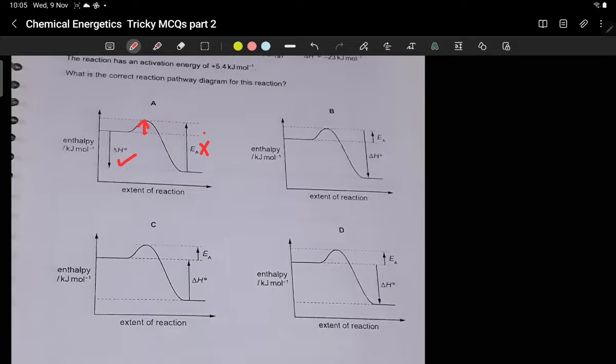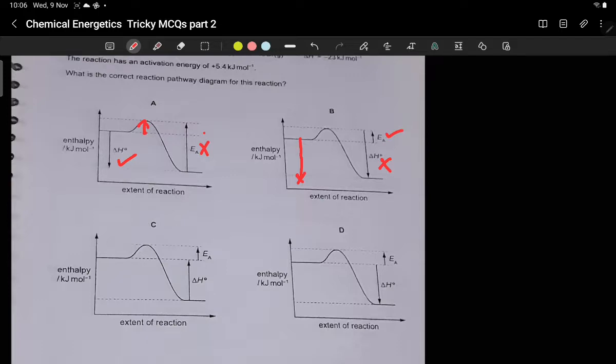Next option: activation energy is labeled correct, but delta H is labeled incorrect, because enthalpy change will be from reactant to products. So the arrow should be like this. So this is wrong.